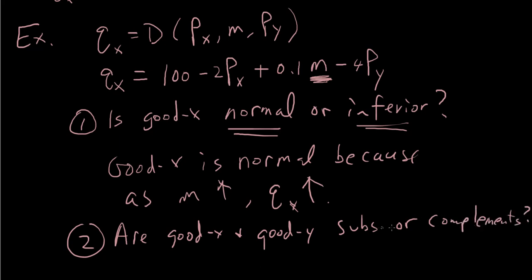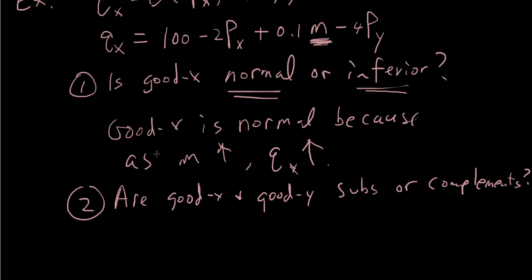And how can you tell? To see that, you have to look at the effects of changes in the price of one good on the demand for the other good. So if the price of Y goes up, what's going to happen to the demand for good X? Yes, it will go down because there's a negative sign in front.